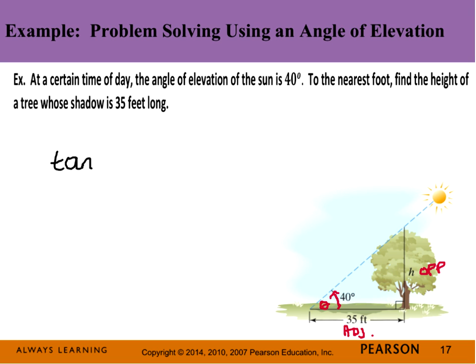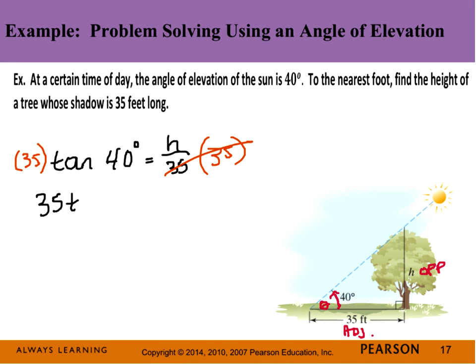And we have the tangent of 40 degrees is equal to the opposite over adjacent. I'll multiply both sides by 35 to get that 35 out of the denominator. Divides out there.